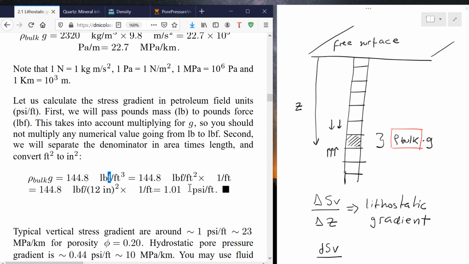All right, so this always raises some issues related to when do I put G and when do I not put G when calculating the gradient.